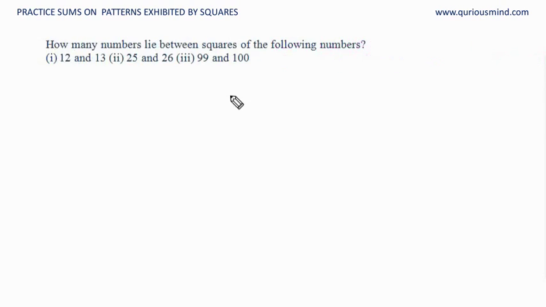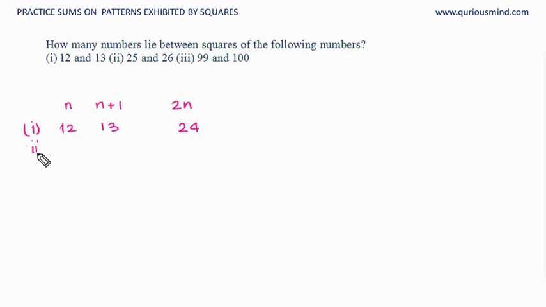Let's do the next one. How many numbers lie between squares of the following numbers? Squares of 12 and 13. We have seen that if we want to find how many non-square numbers there are between the square of n and the square of n plus 1, there are a total of 2n non-square numbers. So here n is 12 and 13, then there would be 12 twos are 24 non-square numbers for the first one.